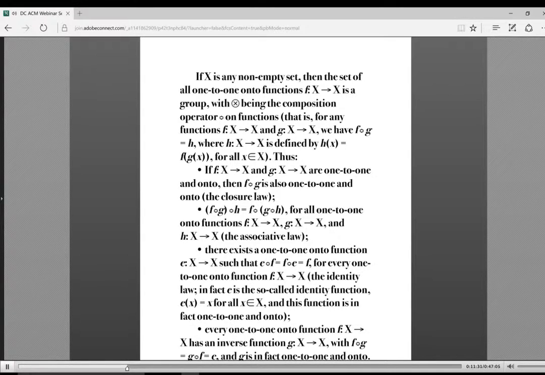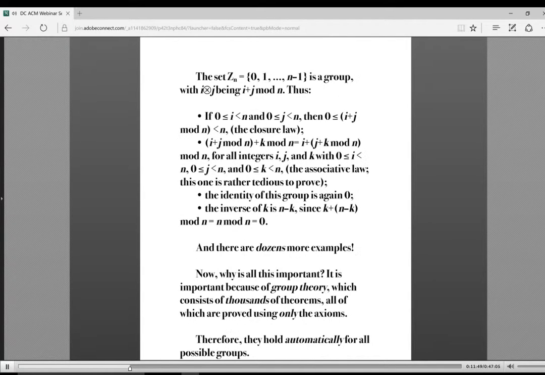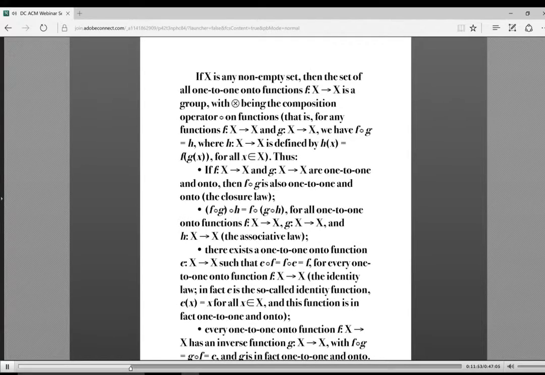And number 4, every one-to-one onto function f has an inverse function g with f circle g equals g circle f equals e. And g is in fact one-to-one and onto. I didn't see that on the presentation, but in fact it's the usual inverse. If f of x equals y, then g of y equals x, where g is the inverse of f.